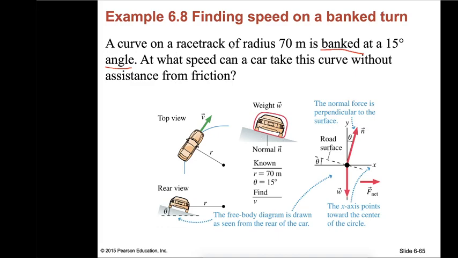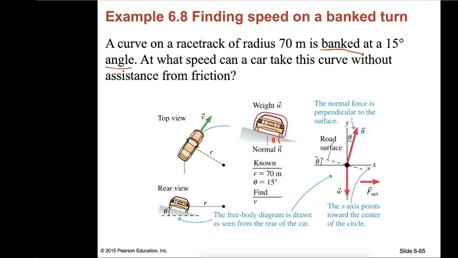A curve on a racetrack of radius 70 meters is banked at 15 degrees angle. At what speed can a car take this curve without assistance from friction? So first of all, let's see why the road has to be designed in a banked way. So this is theta, the angle between horizontal and the surface of the road.